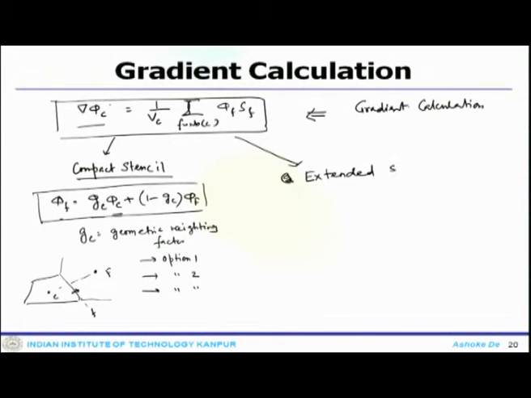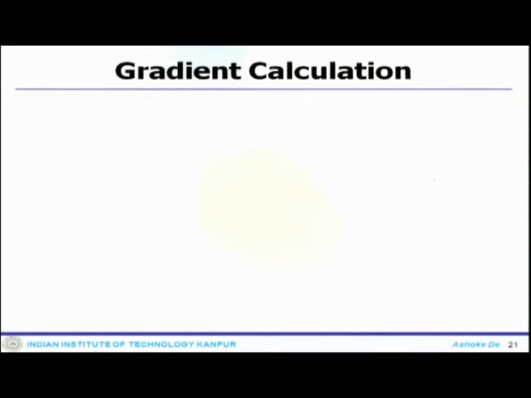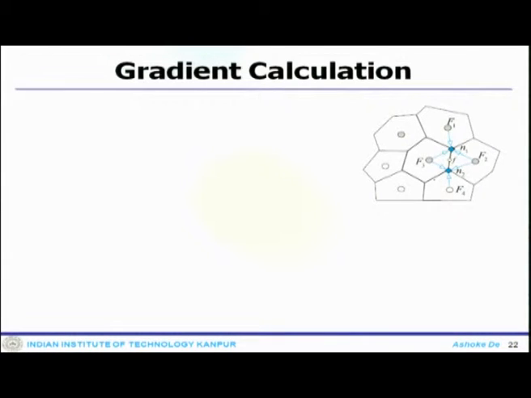That means the cell for which we calculate is not going to be connected only with an immediate cell like this, rather it would be connected with some other surrounding elements. So, let us look at this particular stencil, this 2D stencil. Now, why do we call it extended? Because there are F1, F2, F3, F4, these all are connected.